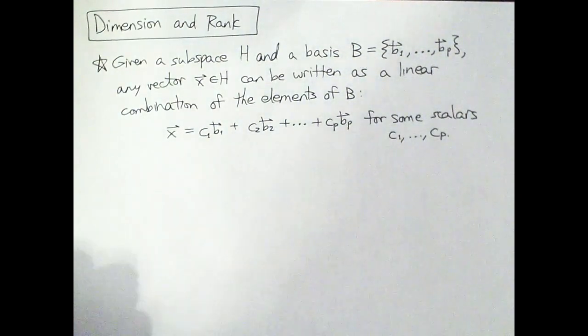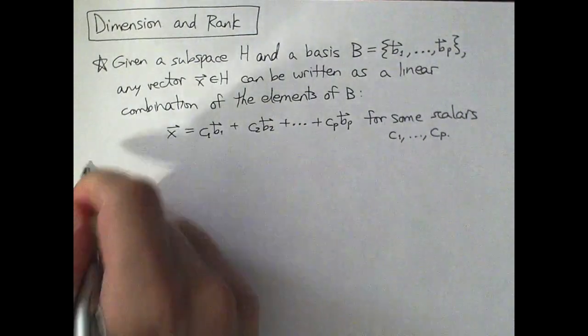Makes sense, right? This is not anything new. This just follows from the definition of basis, the definition of linear combination. This is really what a basis does for us. It gets us every element of the subspace. Every element of the subspace can be described in terms of the basis.